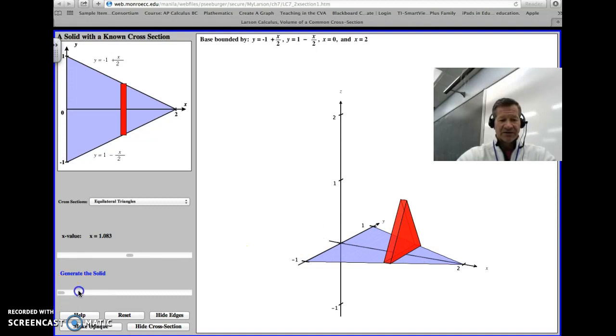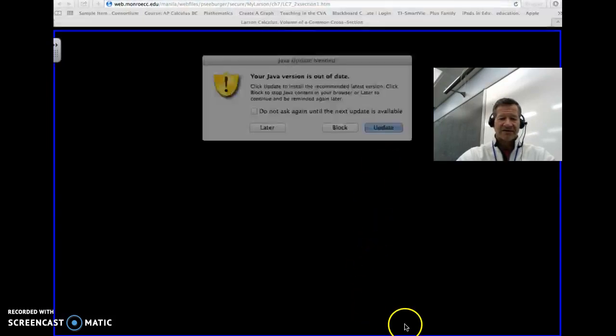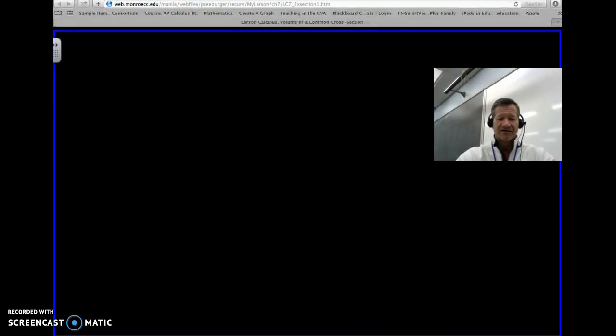And then I can generate the solid by pulling this over, and it will show a whole bunch of cross-sections filling in this entire solid. Unfortunately, that's not working very well. It's about the third time I've tested it, so I'm not having a whole bunch of luck with that. I'll try to reset it and come back to this in a little bit and see if it's working better, just so I can show you that.